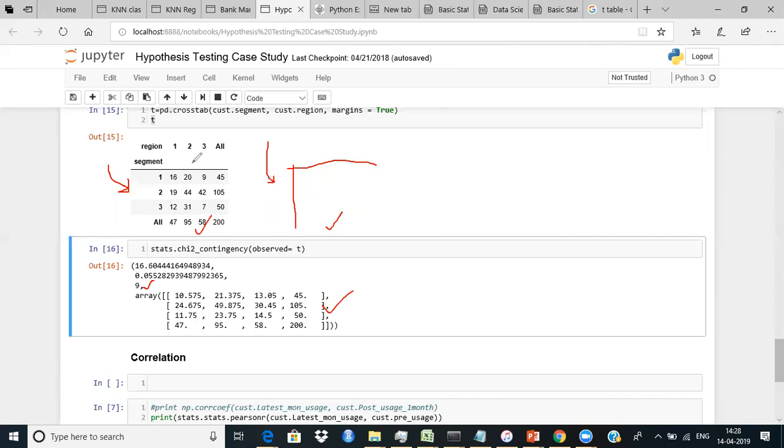If I'm only talking about these three and these three variables, there is no restriction.